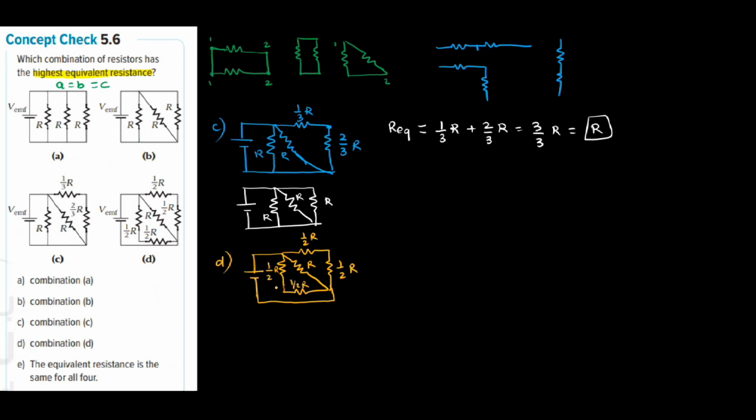I will call this branch 1 and branch 2 for the series part. Each of the resistors in the series branch has a value of half R. So when I calculate equivalent resistance for the first series branch, I get half R plus half R, which will give me R. And the second has similar resistances, so that will also give me R.